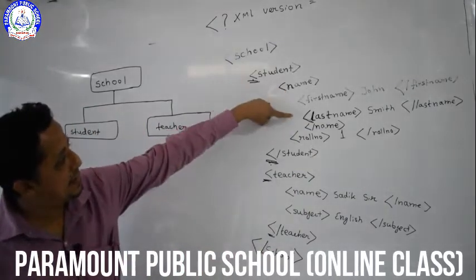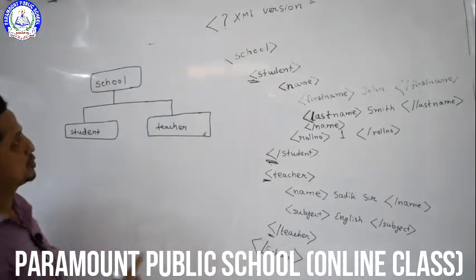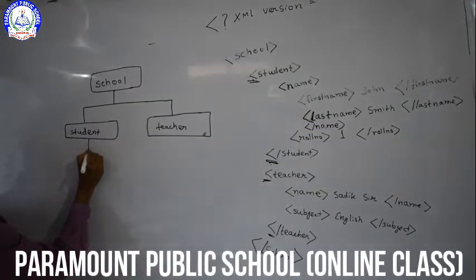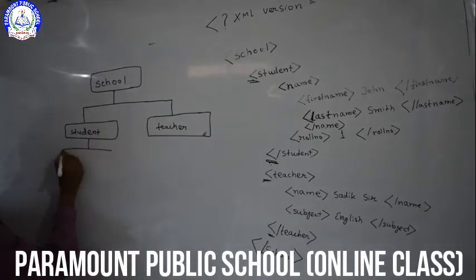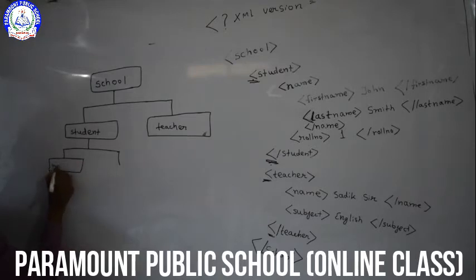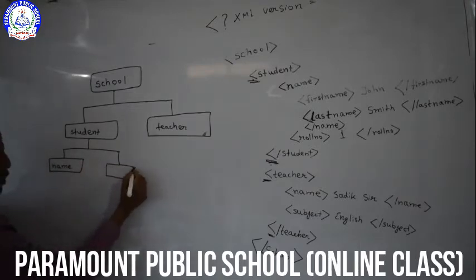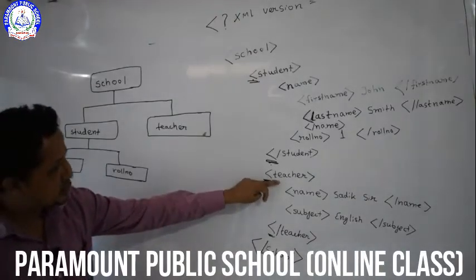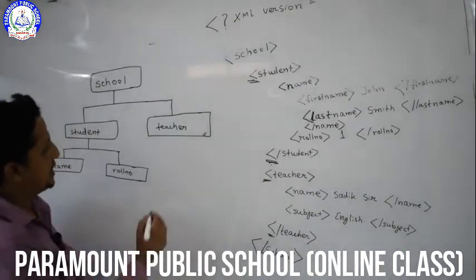So the student contains two children, name and roll number. Now coming to teacher, the teacher has two children, name and subject.